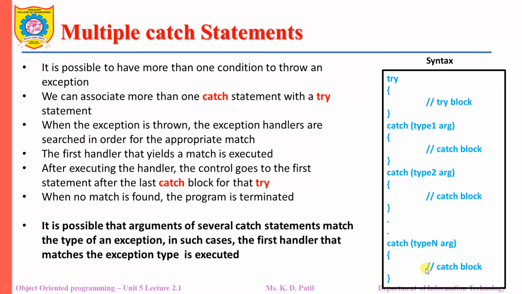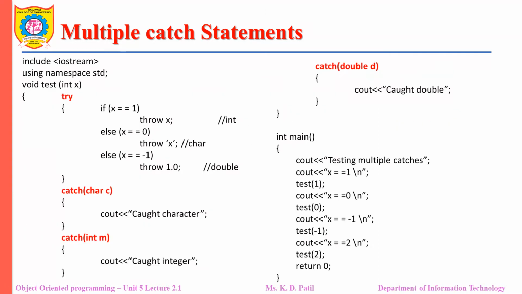And when no match is found for the exception thrown, the program will be terminated. It is possible that the arguments of several catch statements match the type of an exception, and in such cases, the first handler that matches the exception type will be executed.